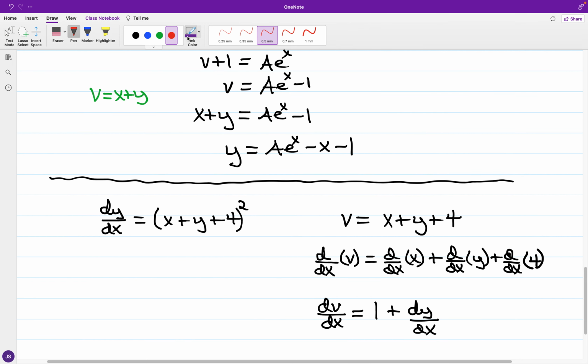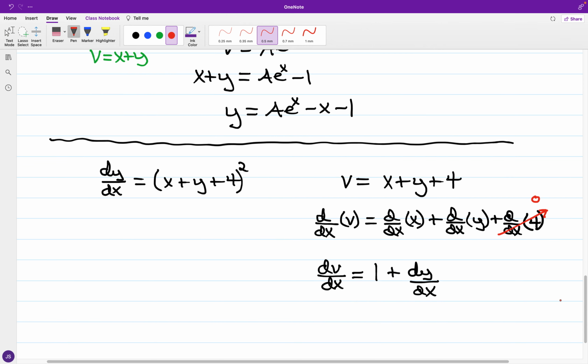And for the derivative with respect to x of a constant, well, that's just going to become 0. Okay, and so isolating dy over dx, we have dy over dx is equal to dv over dx minus 1.